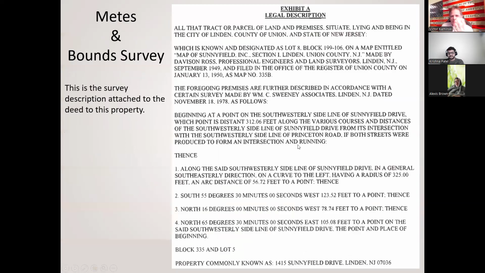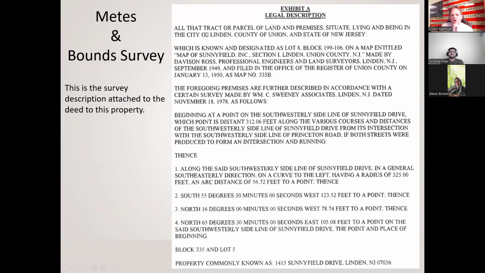All right, so here's one that's a little bit more modern. It's not super modern because this one is, I think, from the 50s. Well, it starts at the 50s, and then in 78, the rest of it's from 1978.